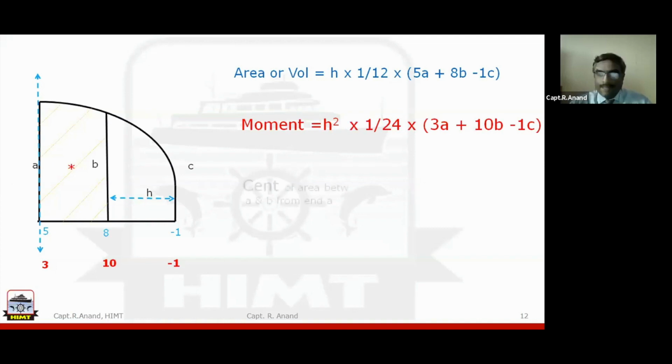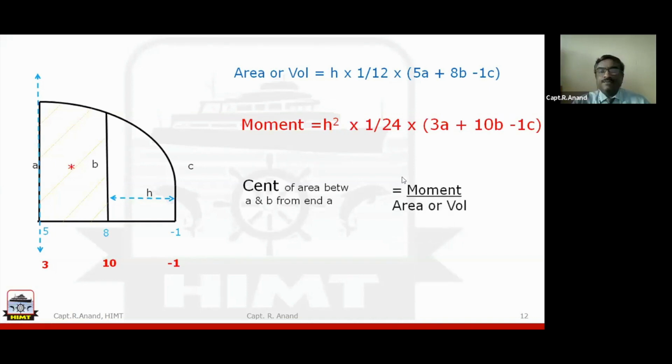Right? Now, I have calculated moment, and this moment is going to be from the end where I started 3. So from there only it will give me the moment. That means I have got it from A. So finally, how to get the centroid of area between A and B from end A? Very simple, moment by area. Area also I got for area between A and B. Moment, since I've commenced this 3 from end A, I will get the moment of this area between A and B from end A also.